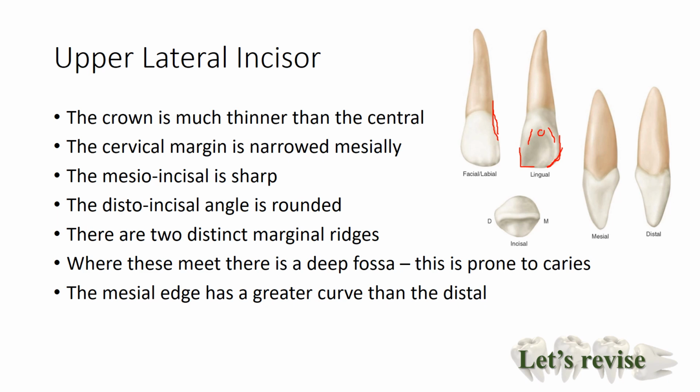Again, your mesial edge has a greater curve than the distal when you're looking at the signs here. So this curve is much greater than this curve. So this is always our winner for mesial and distal. So we can always work this out using these curves.